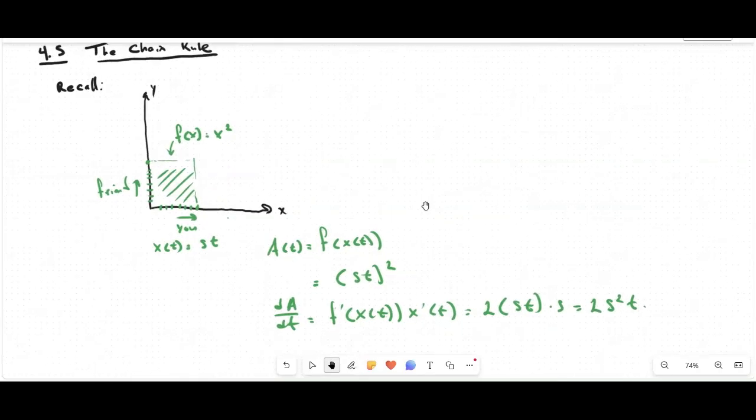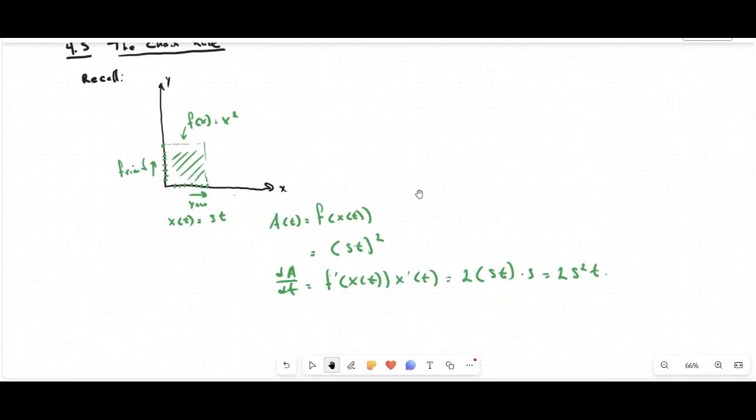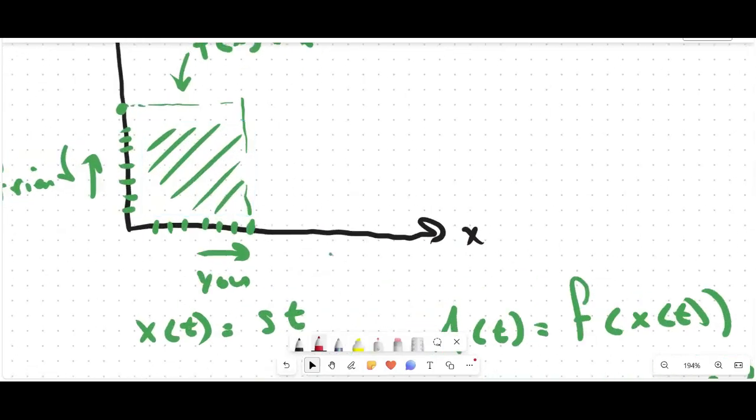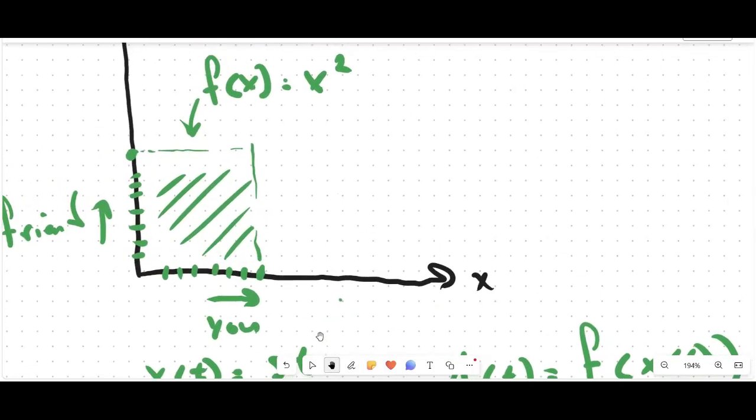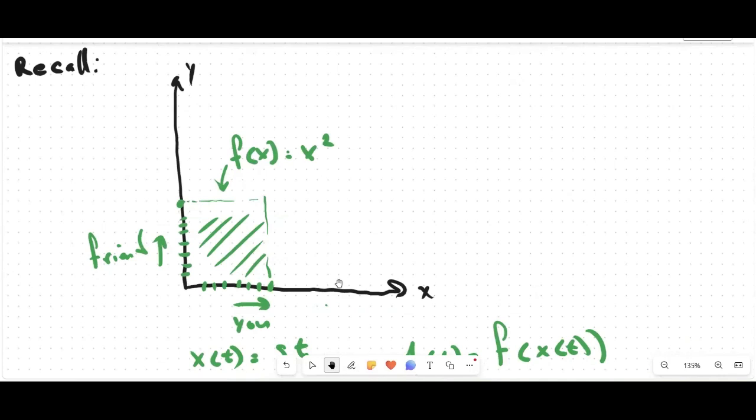And I just want to pay a little bit of attention before we go into the lesson for today on these two pieces, f prime and x prime. If we go back over here and look at this square, wherever you are, let's say you're right here and you move in this direction, the area gets bigger.